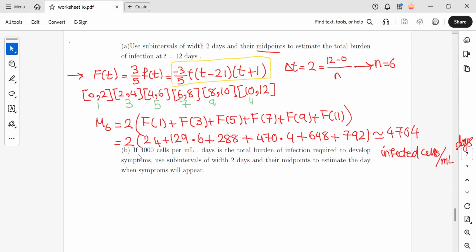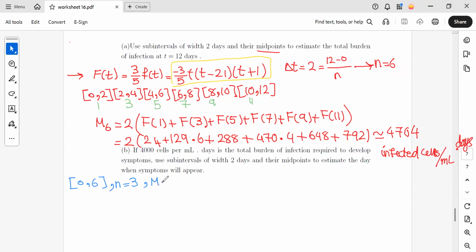So if the threshold is 4,000, we are going to find it step by step. We can compute the total amount of infection on increasingly larger intervals, just optional, until you see 4,000. So you may use any number, but I would use 0 and 6. Using 0 and 6, n will be 3.